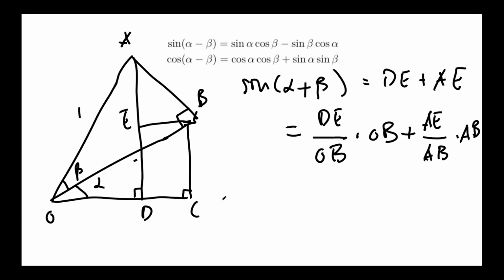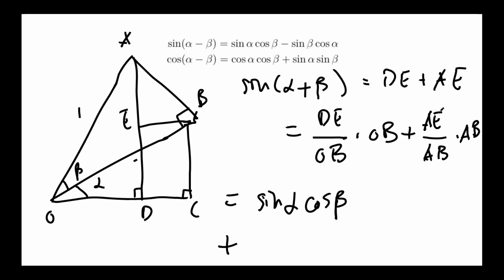Now, if you look closely, DE over OB is actually sine of alpha, and then times OB is just cosine of beta.